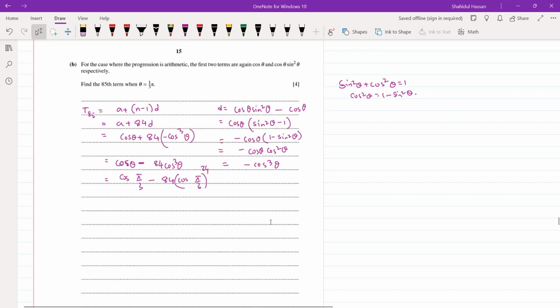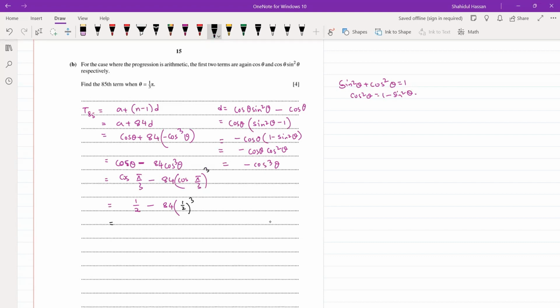So we can write here cos pi by 3 is equal to half minus 84. You can never mistake, this should be cubed. Half cubed.